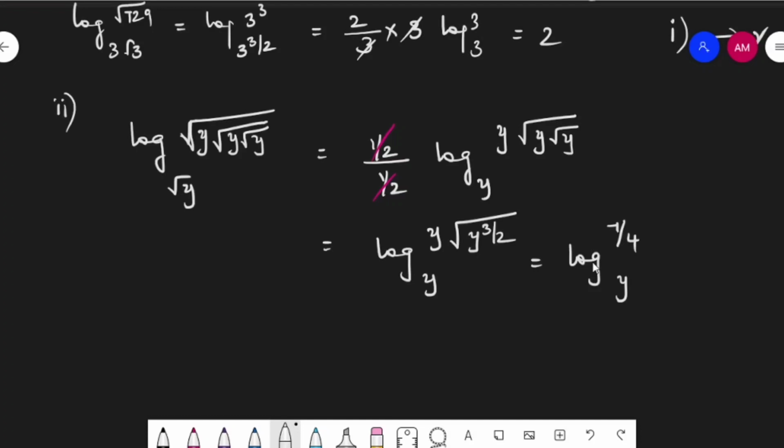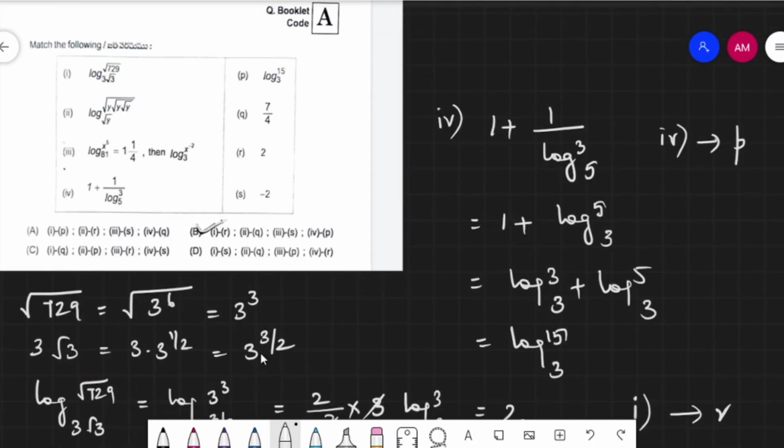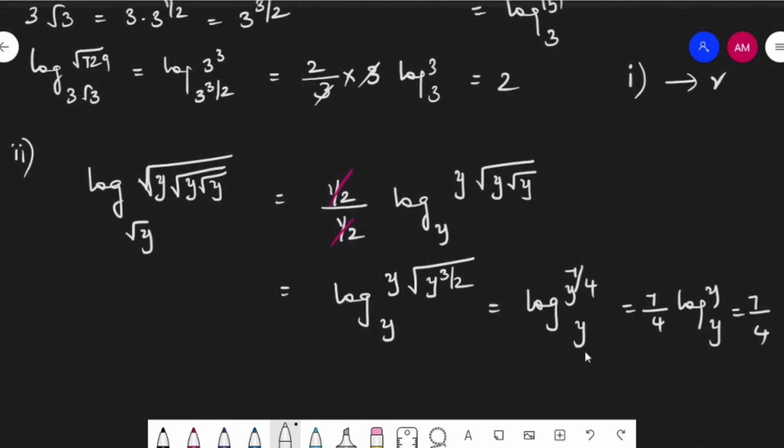So y power 7 by 4 to the base y is equal to 7 by 4 into log y to the base y, that is equal to 7 by 4. So where is the 7 by 4? We have cube. So 2 is mapped to cube.